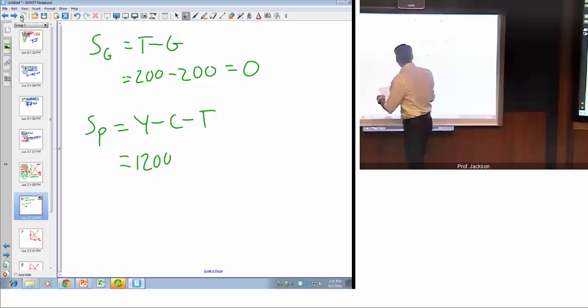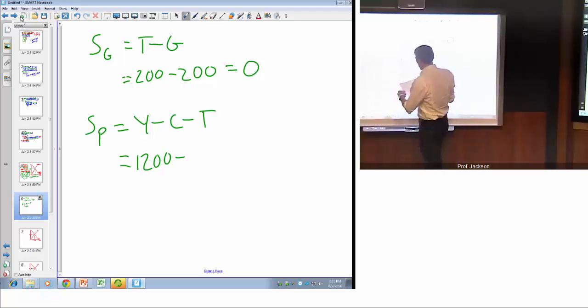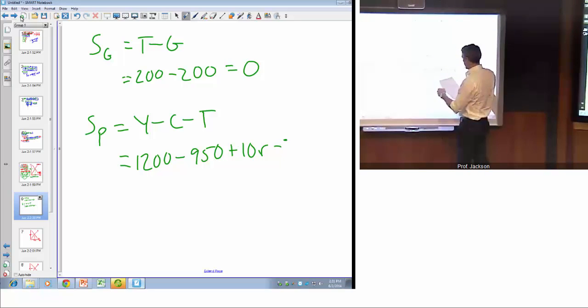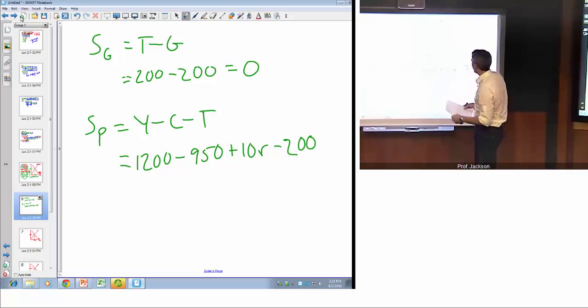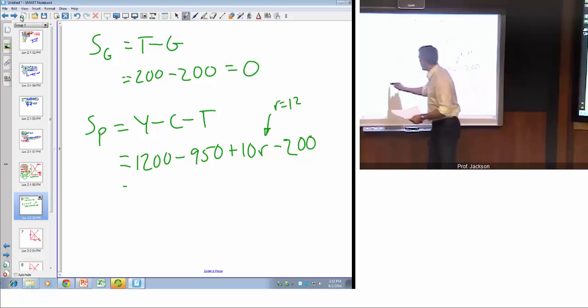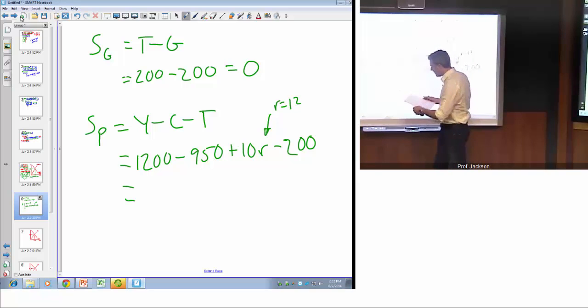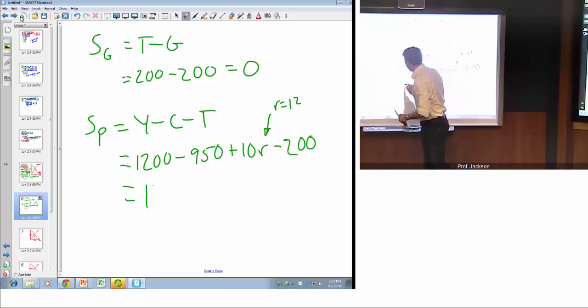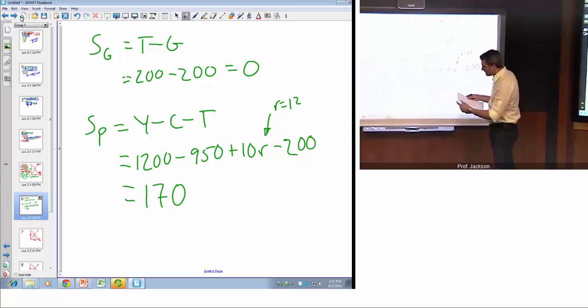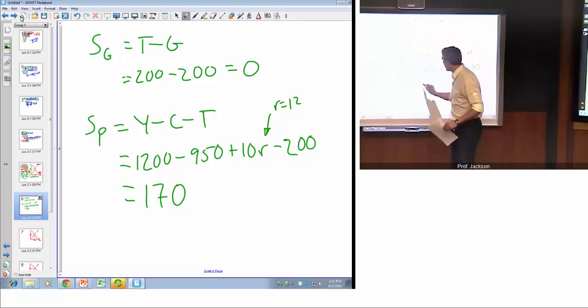And again, I'll leave you to solve for this. But if you go back to the savings and investment functions in equilibrium, we know that our equilibrium interest rate is equal to 12, so we plug that in there, and we solve for public saving, and it turns out at that interest rate, private saving, at that interest rate, private saving is equal to 170.